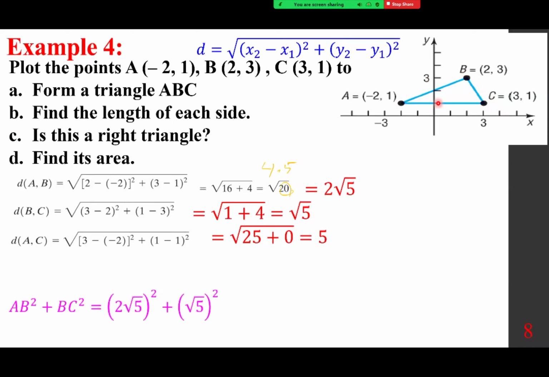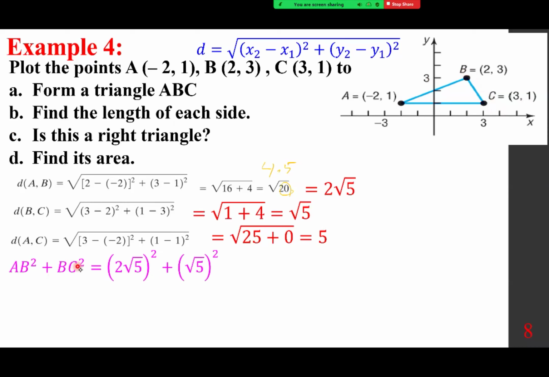So AB squared, that means square this one. And by the way, it's easier to deal with this is 20. And BC squared, that means square this one, that's 5. They add up to 25. And that is equal to AC squared. Yes, this is a right triangle.